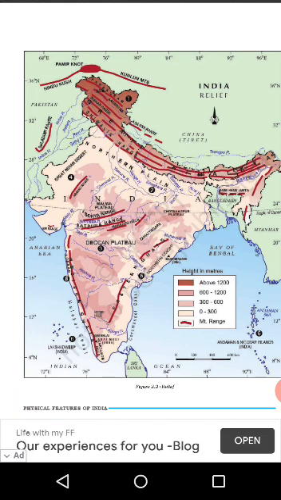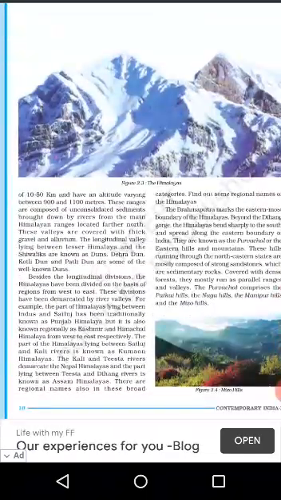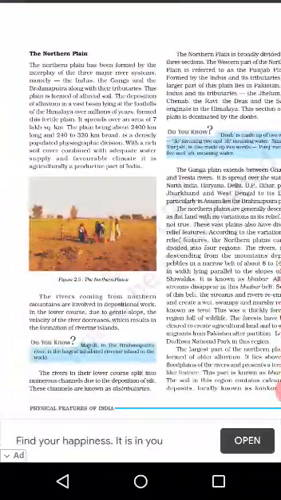As you are seeing, after the Himalayan mountains, the area is expanded over 7 lakh square kilometers, and it is made by the three major rivers, the Indus, the Ganga and the Brahmaputra.